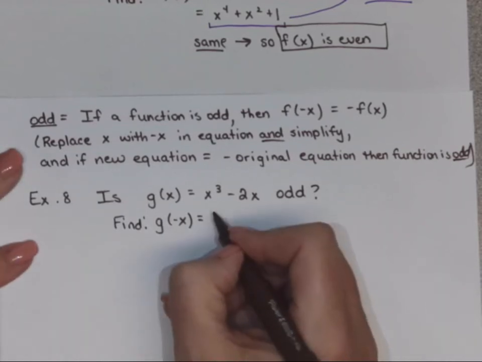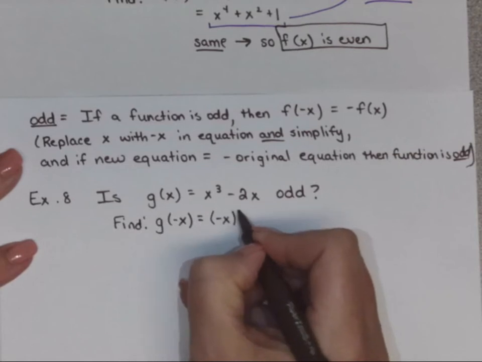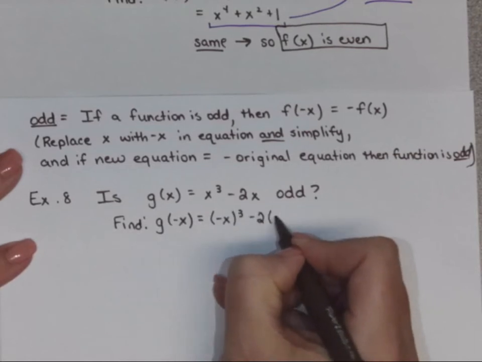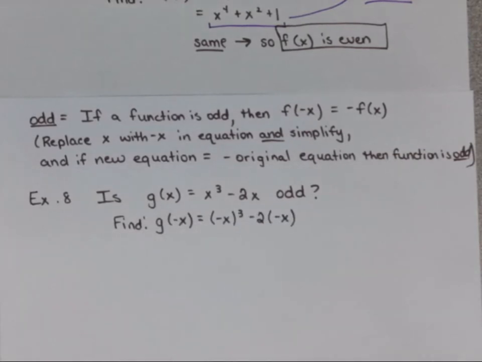Notice that means everywhere there's an x, what do I need to do? Yeah, plug in negative x. And then I need to simplify. That's a big step. Make sure you simplify. So the same kind of logic: what would happen here if I multiply a negative x times itself 3 times? Positive x cubed? Well, maybe not. Think about negative times a negative times a negative.